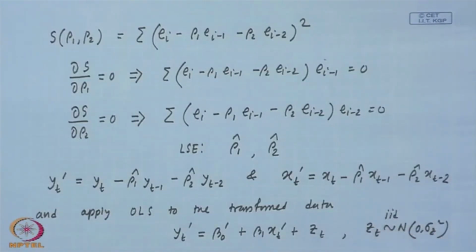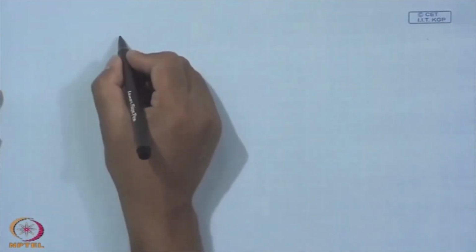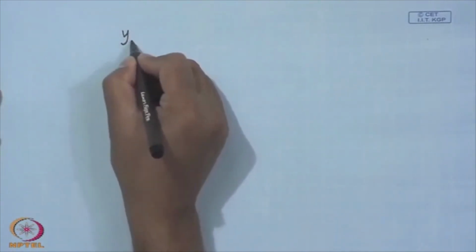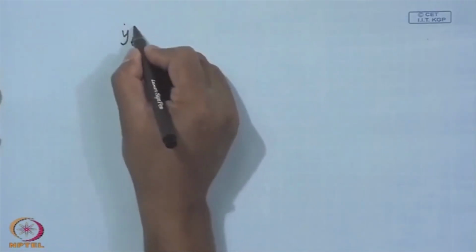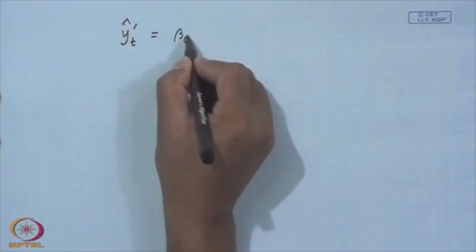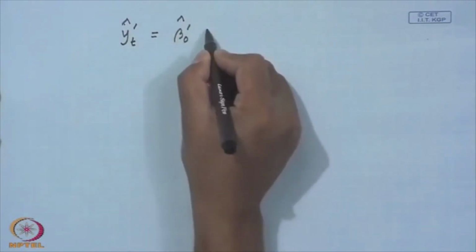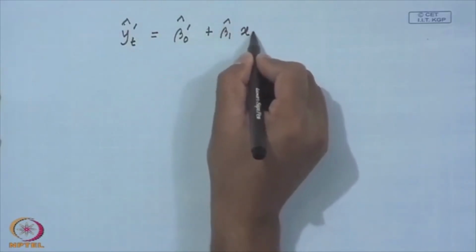So, you are in a position to apply the ordinary least squares technique, and you apply it here to get the estimated values, and the final fitted model is y t prime hat equal to beta naught prime hat plus beta 1 hat x t.